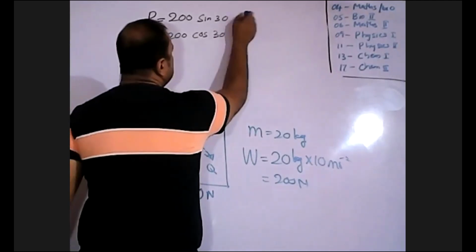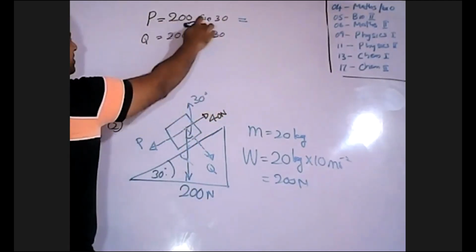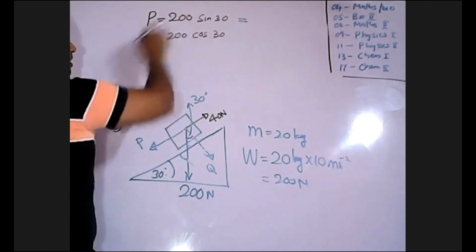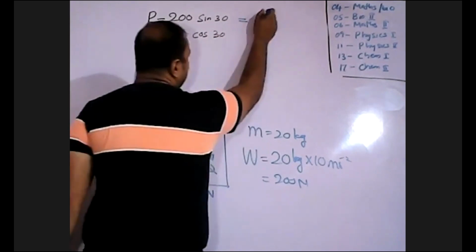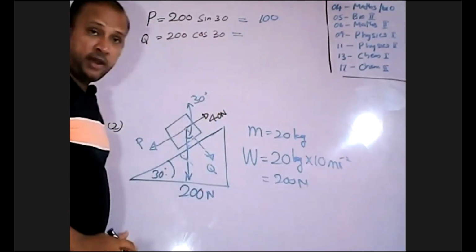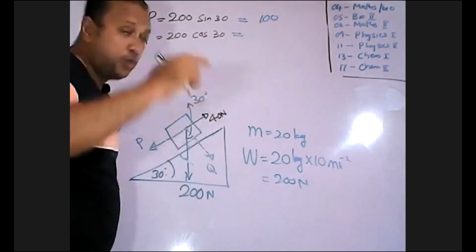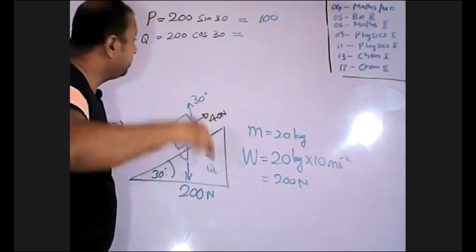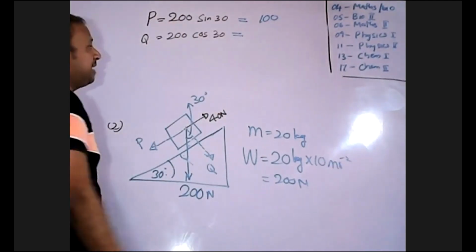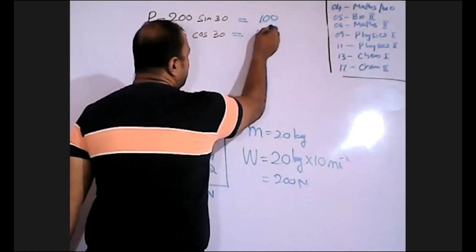Now P is equal to 200 sin 30. Sin 30 is half. Therefore, 200 into half means 100. Q is 200 cos 30. Cos 30 means root 3 over 2, so you divide 200 by 2, that means 100 root 3.